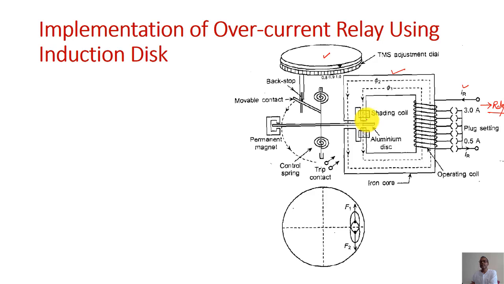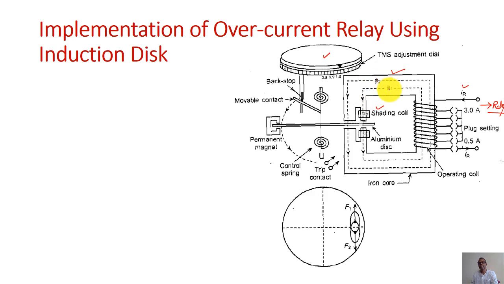One part of the electromagnet is shaded. Here we can see the shaded coil is wrapped around one portion of the electromagnet, and therefore we get two fluxes having a phase difference.